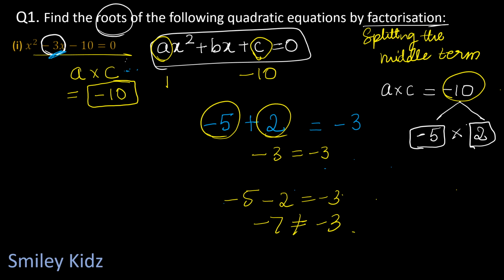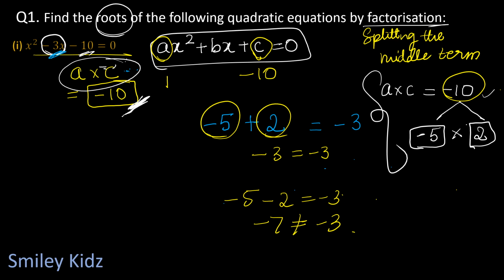And this procedure is same for any type of quadratic equation by factorization. First, we simply find out the value of a into c. A into c gave us 1 into minus 10, which is minus 10. Now, once you got the value of a into c, then you're going to acquire the factors of the value you got.